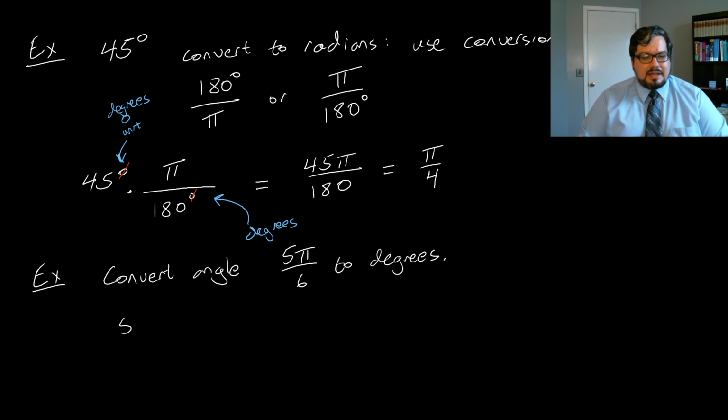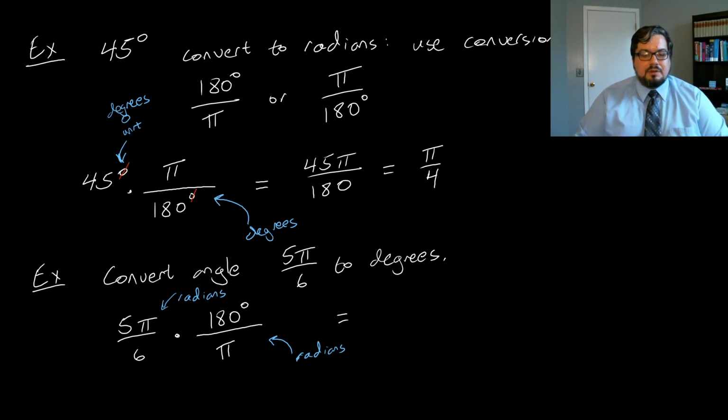So we want to take 5 pi over 6. Now this one is in radians. So we want to multiply it by a conversion factor that involves radians on the bottom. Now the conversion factor that does that is 180 degrees over pi.